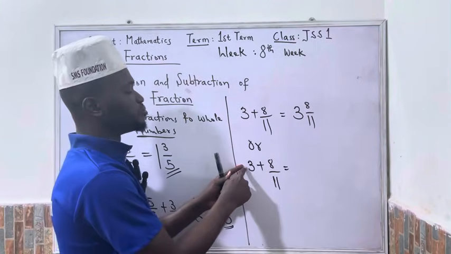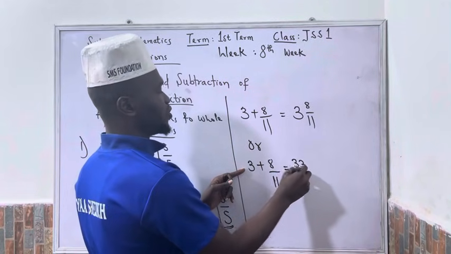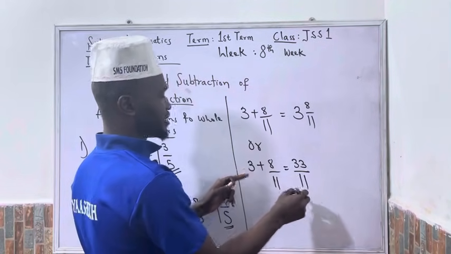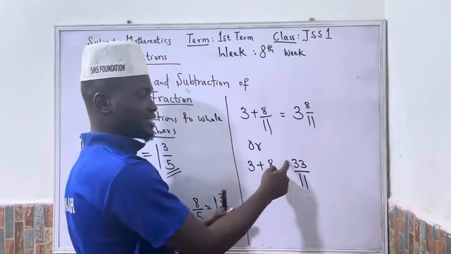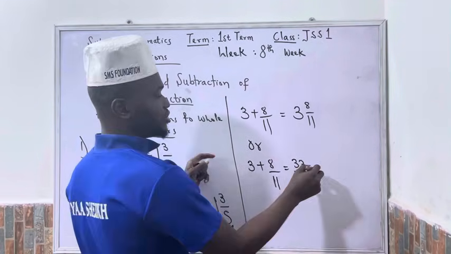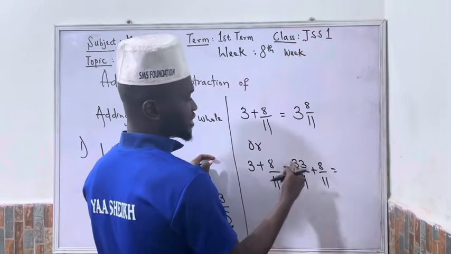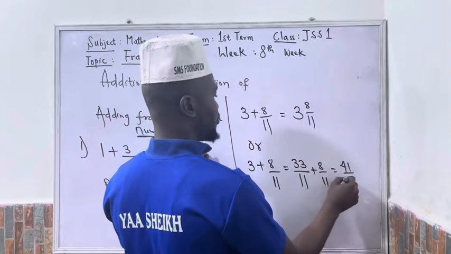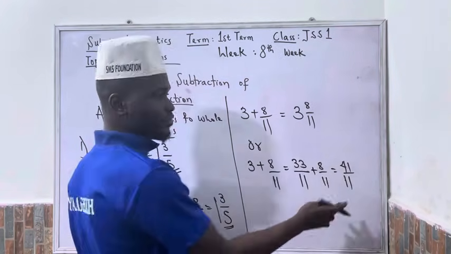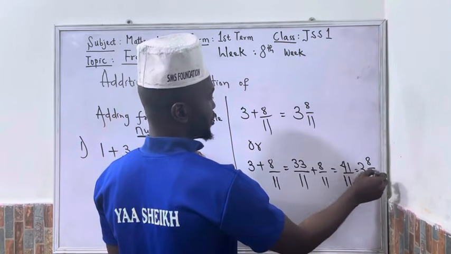All you just need to do is multiply 3 by 11. That will give you 33 over, put 11 under it. So 33 over 11 will still give you 3. 33 divided by 11 will give you 3. So then add the 8 over 11. If you add 33 plus 8, that will give you 41 over 11. If you try converting back, that will give you 3 whole number, 8 over 11.